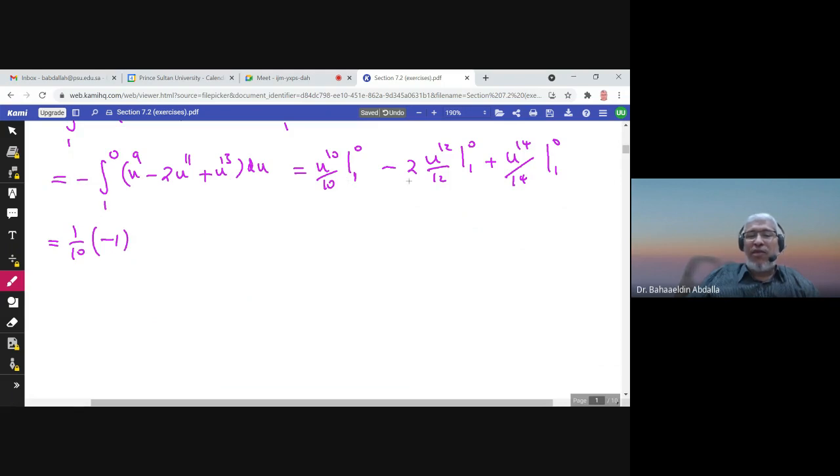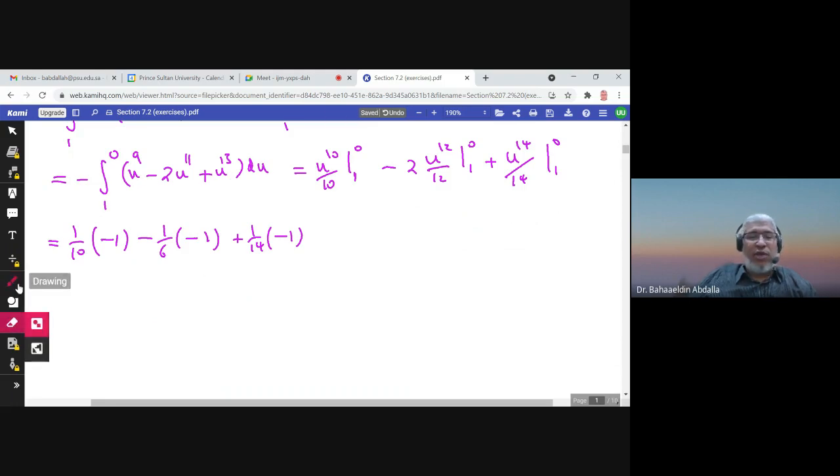And here I have negative 2 over 12, that's negative 1 over 6, and 0 to the power 12 is 0, minus 1 to the power 12, so that's again minus 1, and I have here plus 1 over 14, times minus 1. Why is it minus 1? Because 0 to the power 14 minus 1 to the power 14. So the minus is outside, okay? So I'll have always minus 1 here.